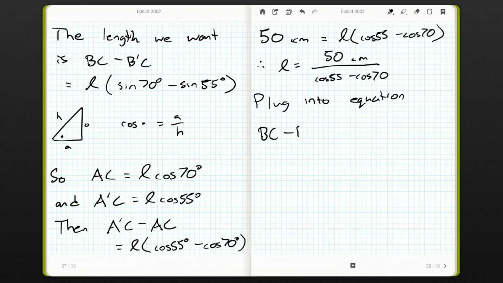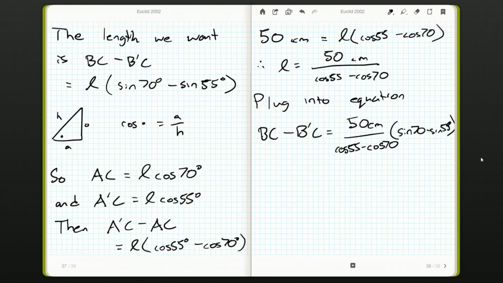So BC minus B prime C, the distance we're looking for, the one that we want, is going to be L. Well, that's 50 centimeters over cos 55 minus cos 70 times sine 70 minus sine 55. And now we only have numbers, so it'll all work out.